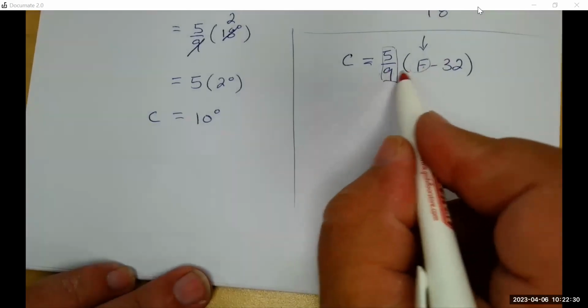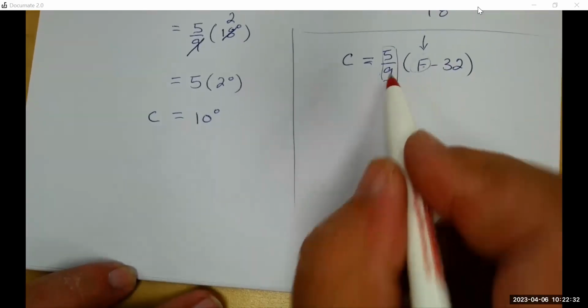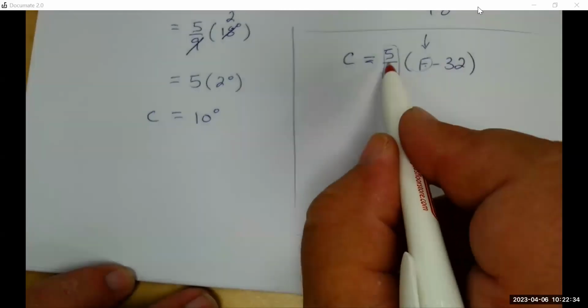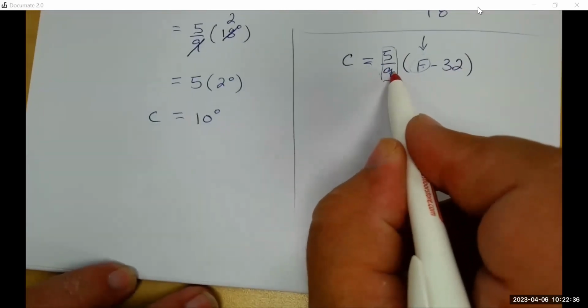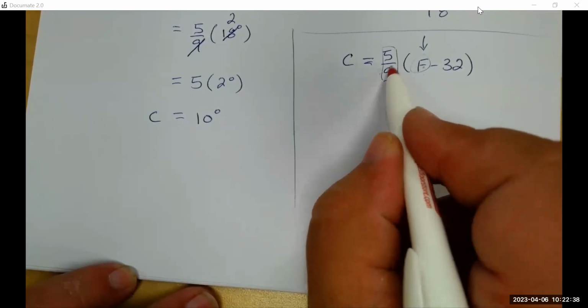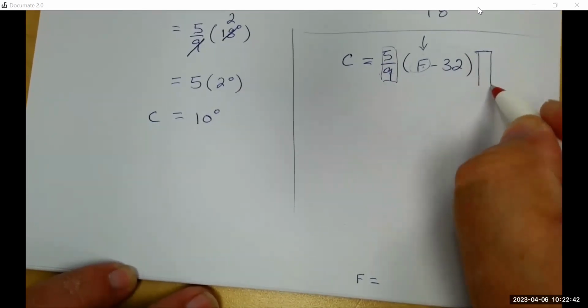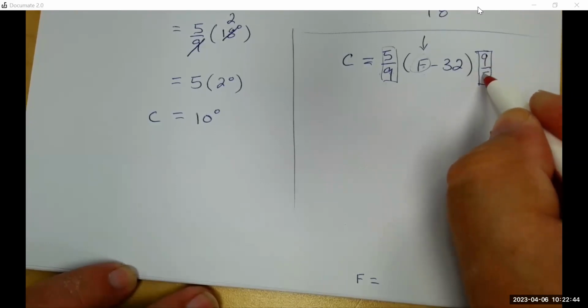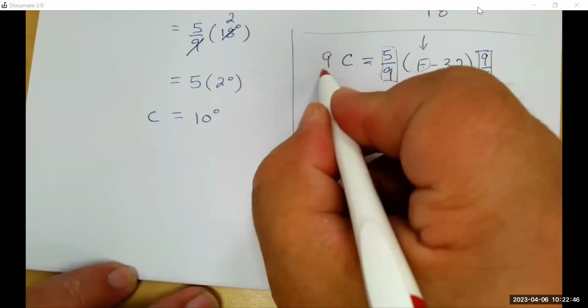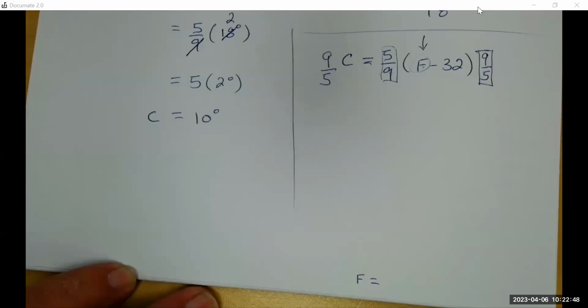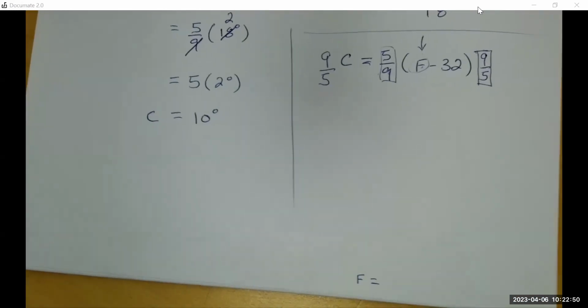Since these are multiplied, we have to multiply by the opposite of this. What's the opposite of 5/9? 9/5. Both sides. Whatever you do to one side, you have to do to the other.